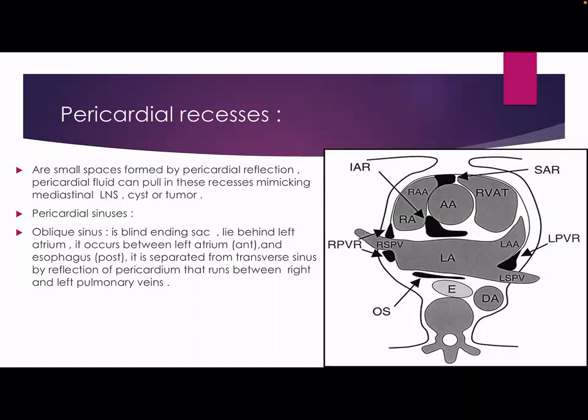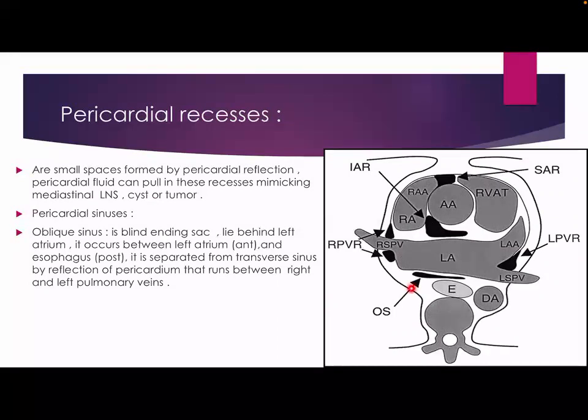We have pericardial recesses and pericardial sinuses, which represent small spaces formed by pericardial reflection. Fluid may accumulate here and may mimic a mediastinal lymph node, cyst, or tumor. We have two sinuses, the oblique sinus and the transverse sinus. The oblique sinus is a blind-end sac.